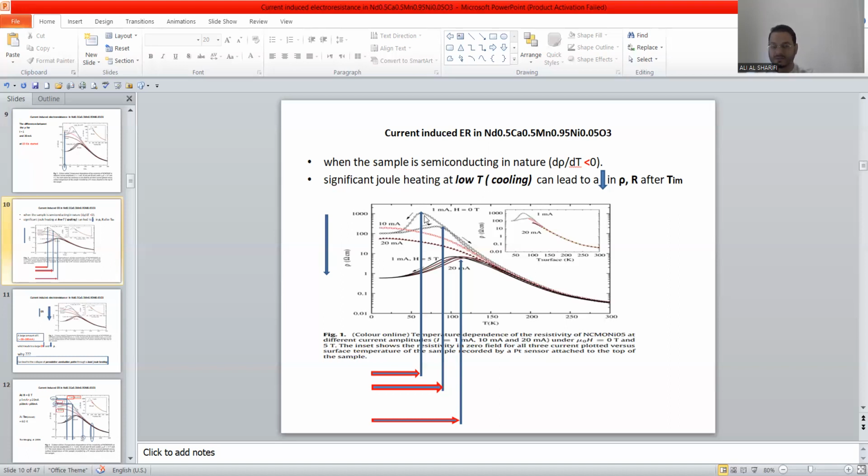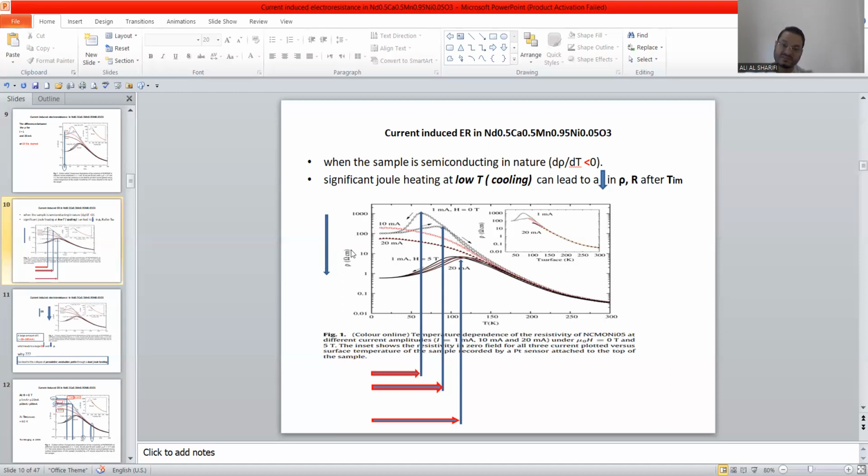At first, here, it's recorded a huge amount of resistivity at insulating metallic temperature at less than 70 Kelvin, and after that recorded resistivity less than 1000 ohm centimeter at approximately 75 Kelvin at the same amount of current, 1 milliampere.